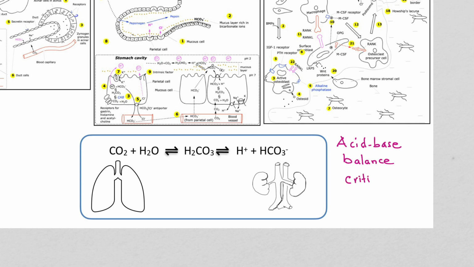They are very, very important tests, such as pH, PCO2, PO2, and so on. And acid-base balance also uses this very important equation, because the carbonic acid bicarbonate buffer is one of the most important buffering systems in the human body.